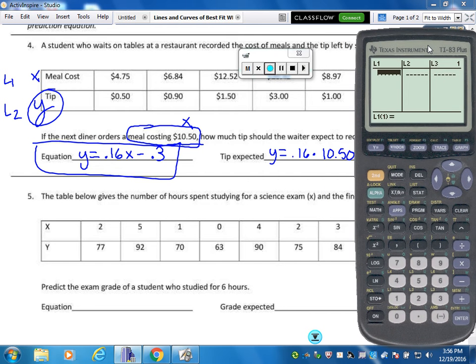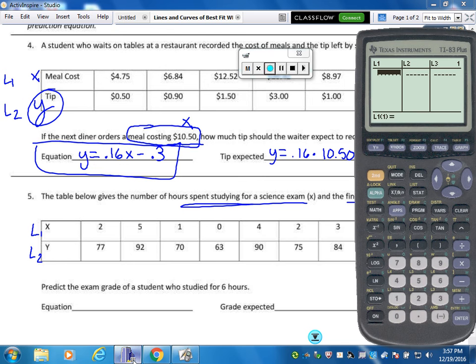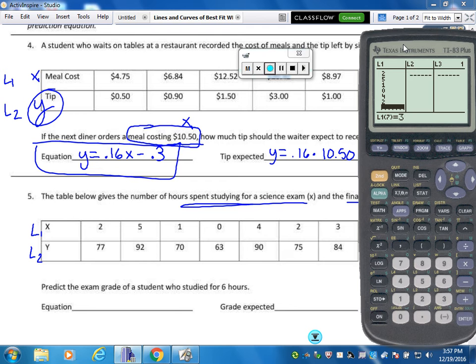All right, so my new L1 is my new x, and my new L2 is my new y. It said the number of hours spent studying for a science exam is x, and the final exam grade is y. So let's try that out. We've got 2, 5, 1, 0, 4, 2, and 3, and that's it.